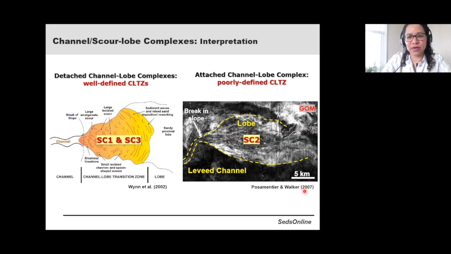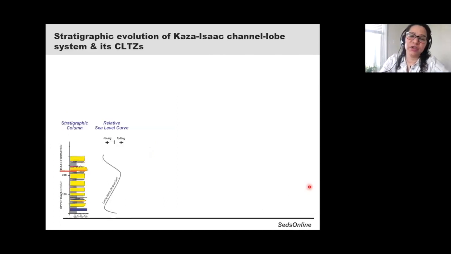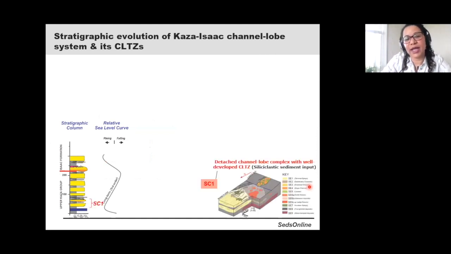So how do we put this together in the stratigraphic evolution? We interpreted that there are major changes in the configurations in these areas. When the first detached channel-lobe complex was created, we have a reactivation of the coarser grained sediment coming into the area, and this probably coincides with an onset of falling relative sea level.